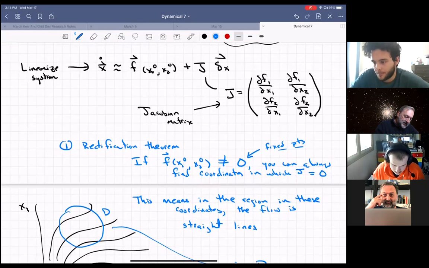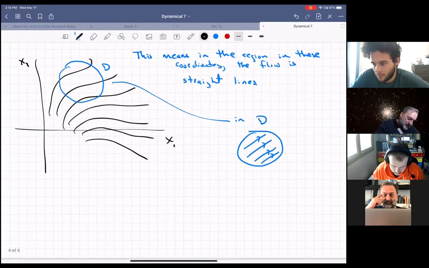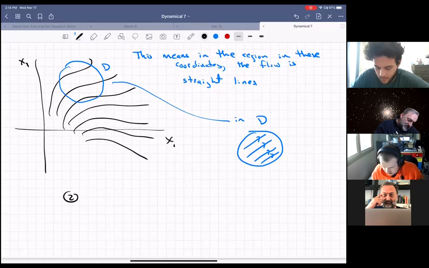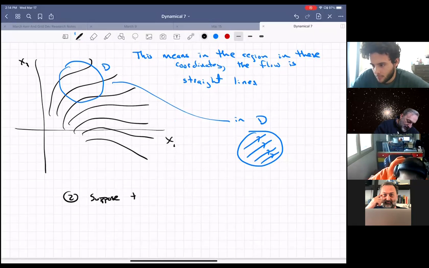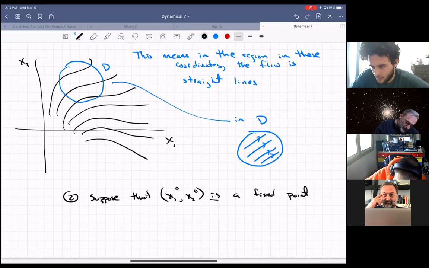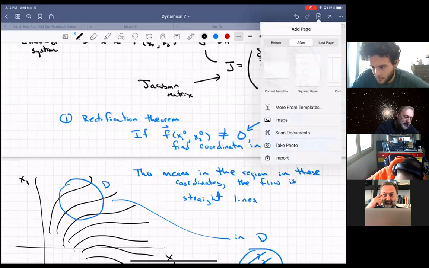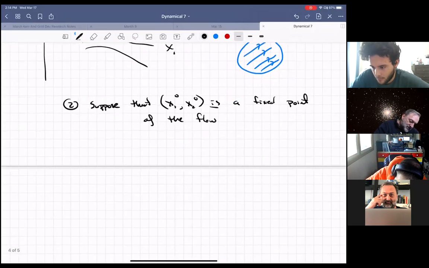Now the second idea is to do the opposite of that, is to say, suppose that the point x1 naught, x2 naught is a fixed point of the flow. Okay, so remember, we're starting with the nonlinear system.